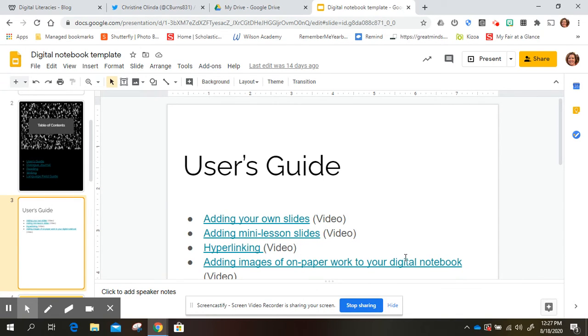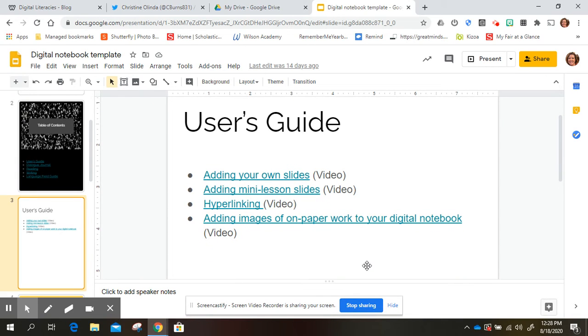So as you can see, she included videos of how to add a slide, writing mini lessons, how to create hyperlinks, and how to add images of on-paper work to your digital notebook. I found these extremely beneficial, and I plan on using this with my own students when we return to school.